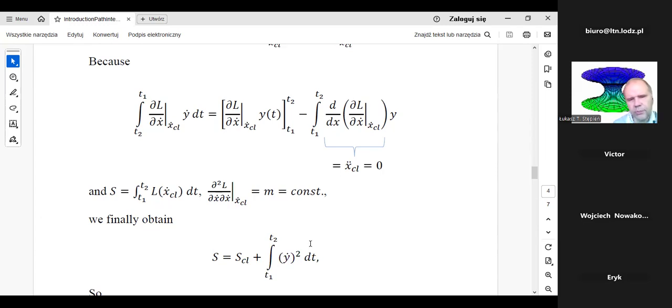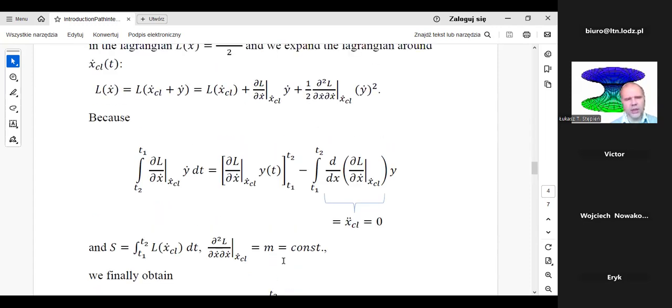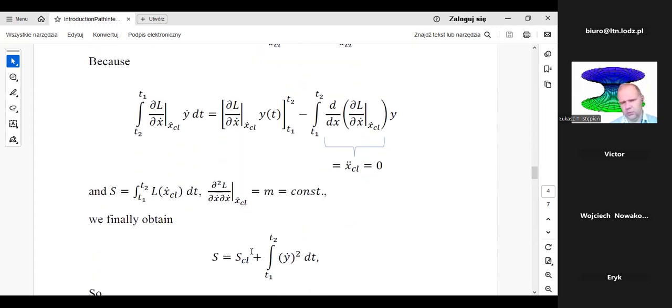So we have a decomposition of the action functional as the sum of action functional for classical path and the integral corresponding to the deviation from classical path, where of course a square of the derivative of such deviation is present.